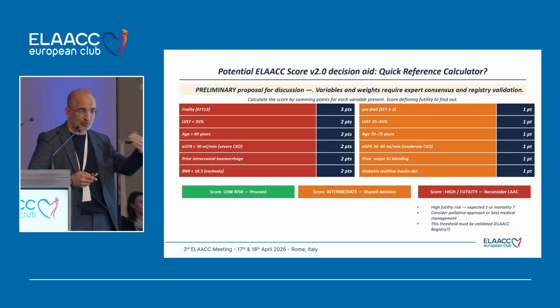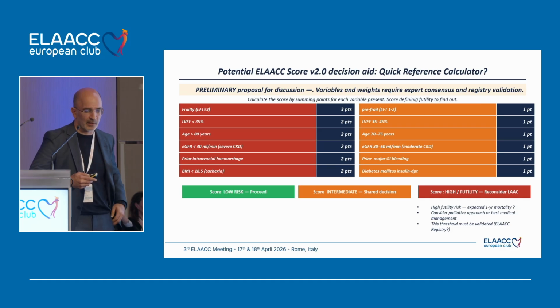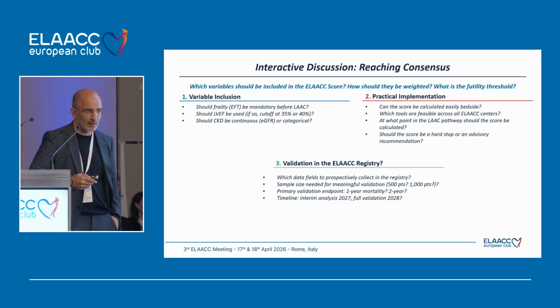What we want is to end up, as a future proposal, with some kind of quick reference calculator that can predict mortality in patients undergoing LAAC. We could define a low-risk population, an intermediate one, and a very high-risk one where the procedure is totally futile, and we should probably not consider it in these patients.